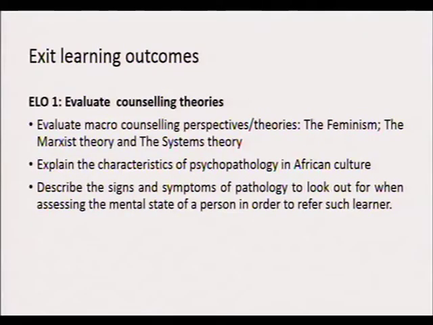The exit learning outcomes of Unit 1 read: evaluate counseling theories. We are looking at evaluating macro counseling perspectives or theories, which are feminism, the Marxism theory, and the systems theory. We have quite a number of them, but for now we are only looking at the 3.